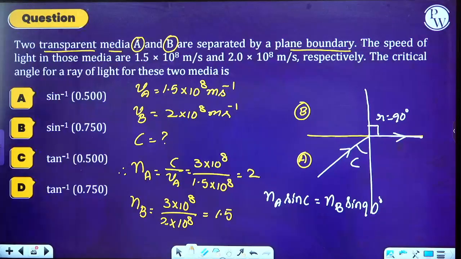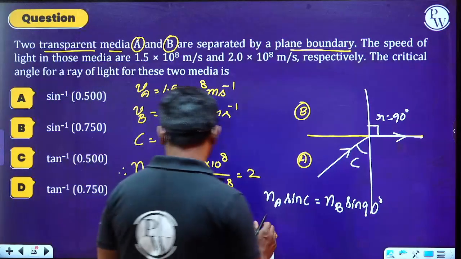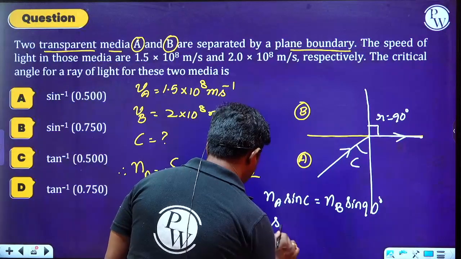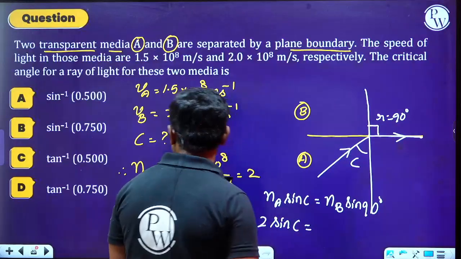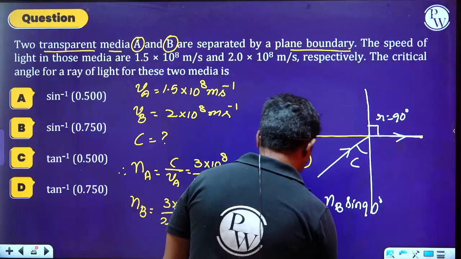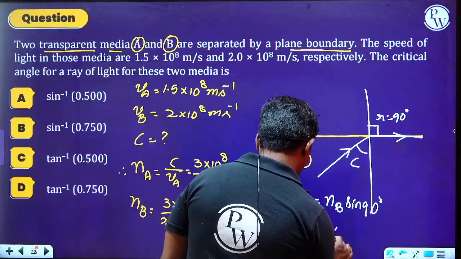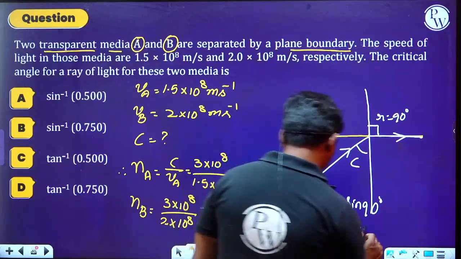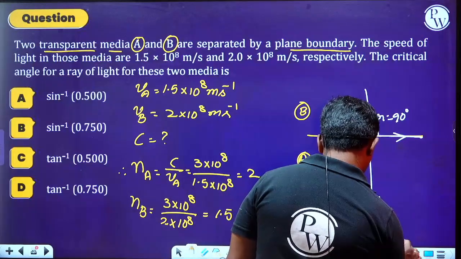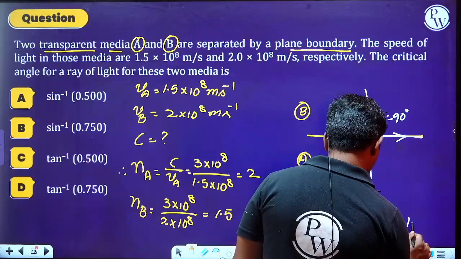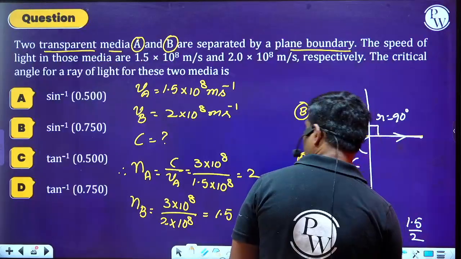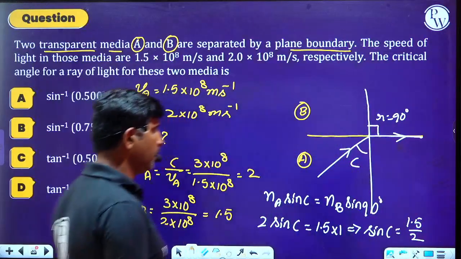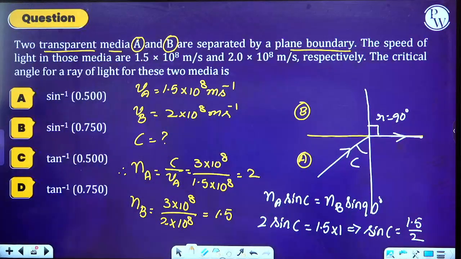Okay, so just do simplification here. We can say 2 into sin C is equal to, what is the NB value here? 1.5 into 1. So whenever we do simplification, sin C is equal to 1.5 divided by 2. 1.5 divided by 2, you get 0.75.